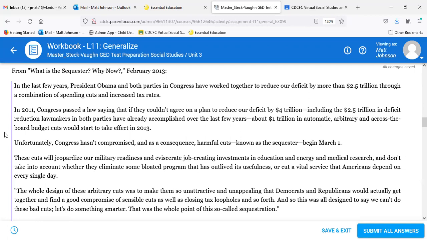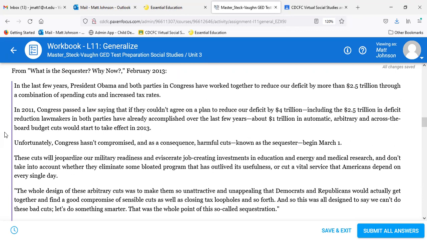Unfortunately, Congress has not compromised, and as a consequence, harmful cuts known as a sequester begin March the 1st.